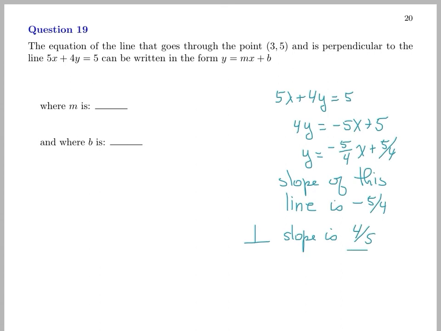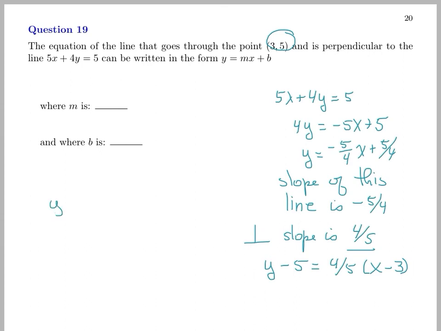And so I've got my slope, and I've got my point, so I can write the equation y minus 5 is 4/5 times x minus 3.